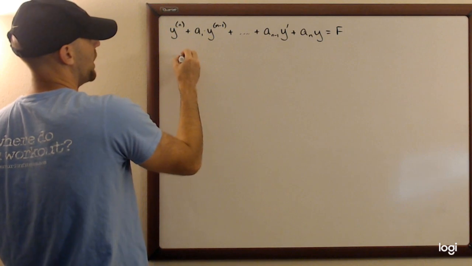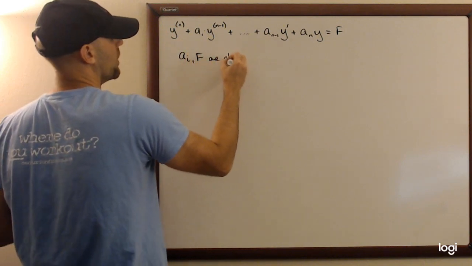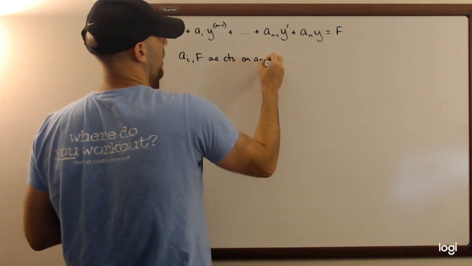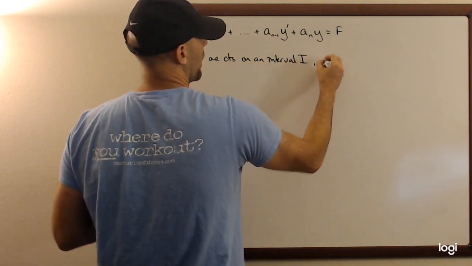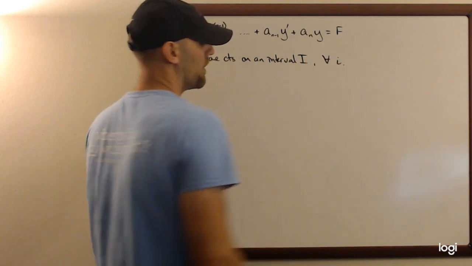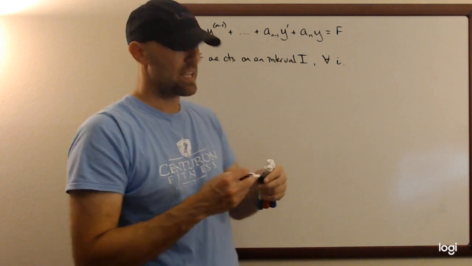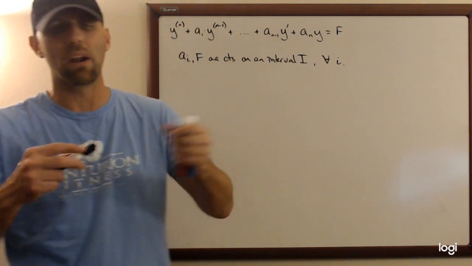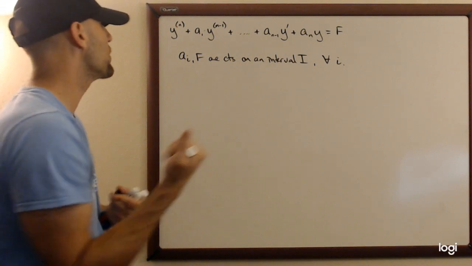We assume that a sub i and f are continuous on an interval I for every index i. Basically, all of these a functions and f have to be continuous at the same time somewhere for this thing to have a solution. And I assume the same thing.